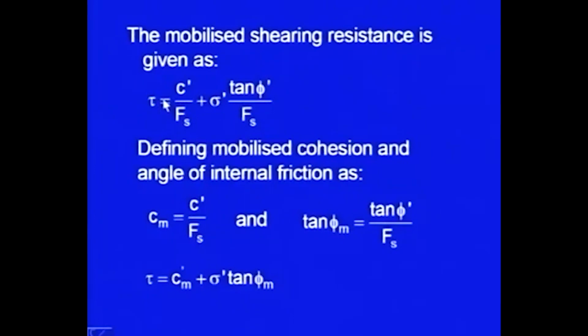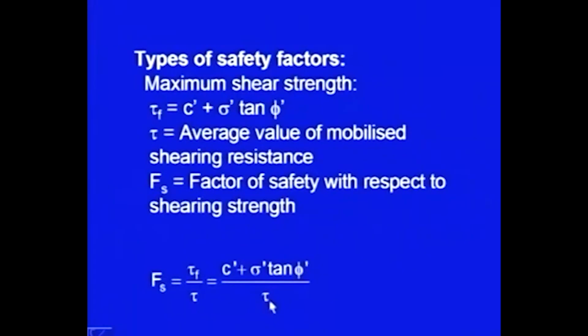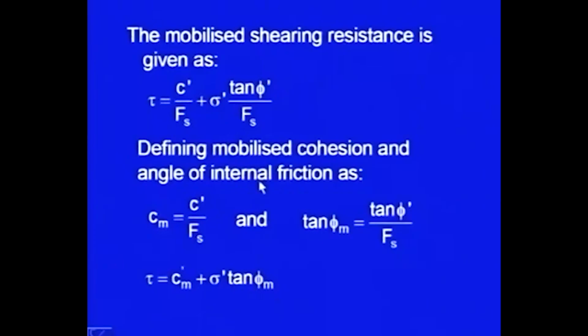Then from this equation, if I take tau on this side and Fs on this side, I can rearrange this equation and the equation becomes tau equal to C dash upon Fs, Fs is the factor of safety, plus sigma dash tan of phi dash divided by Fs.